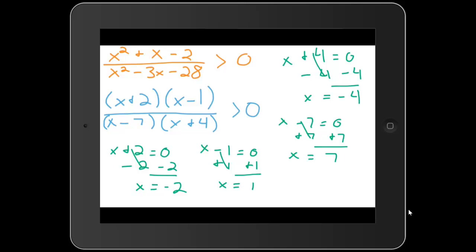Well, I'll be darned. What are we supposed to do with all these X's now? Well, now we have to plug it into a number line.